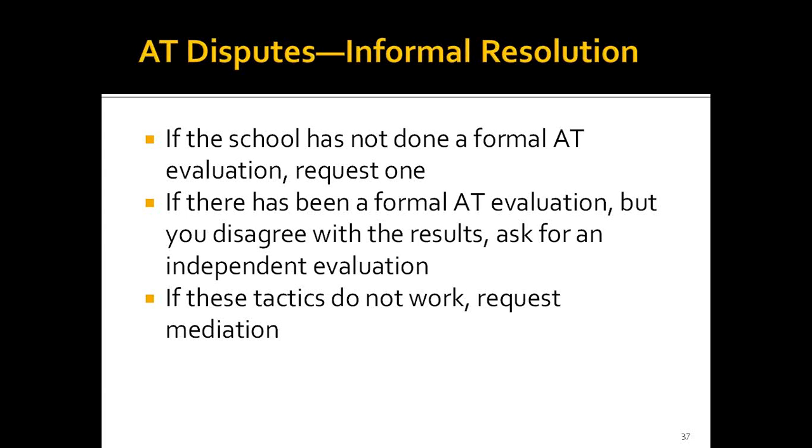If there's been a formal evaluation but you disagree with the result, you can ask for the independent evaluation. If those tactics don't work, you can ask for mediation and just sit down with folks and try to work it through that. You can contact the Agency of Education. They will provide a mediator for free, and it's often one of the better ways to get these things resolved.